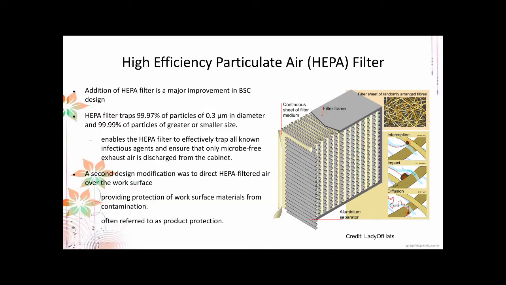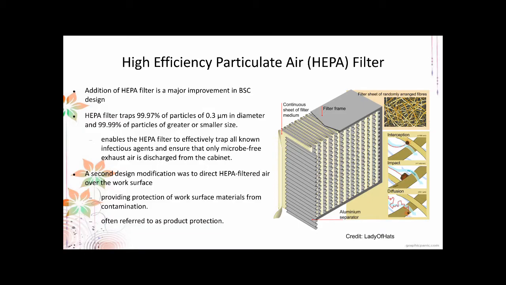The second design modification was to direct HEPA filtered air over the work surface. This is an additional design in some BSCs, where you want to protect not only the environment but also your product. This is usually applied if the laboratory handles sensitive cultures such as stem cell cultures and other tissue cultures.